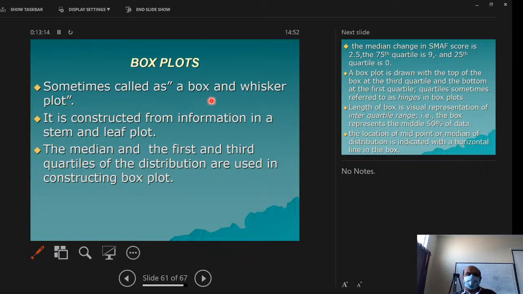Sometimes called a box and whisker plot, it is constructed from the information in a stem and leaf plot. The median and the first and third quartiles of the distribution are used in constructing the box plot.